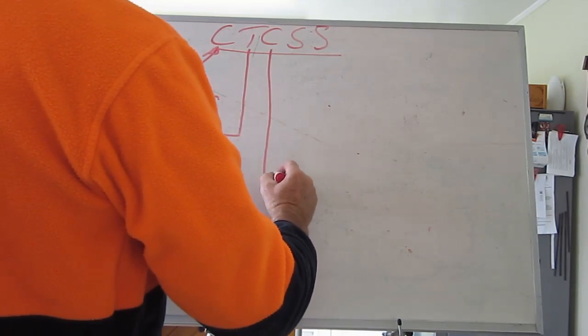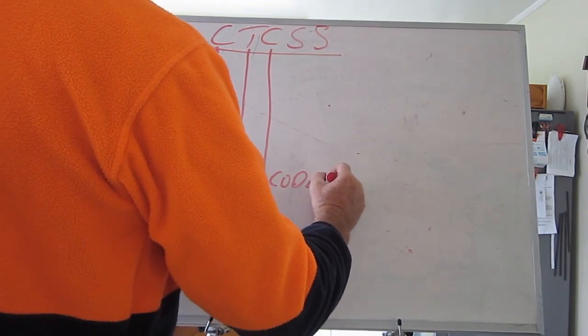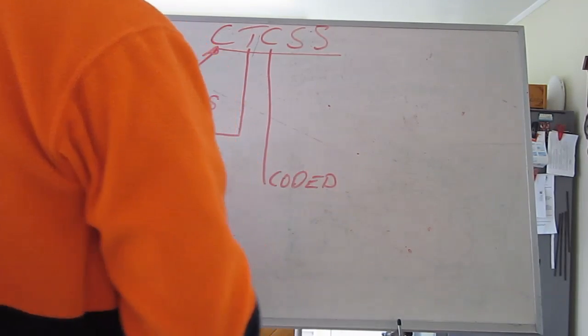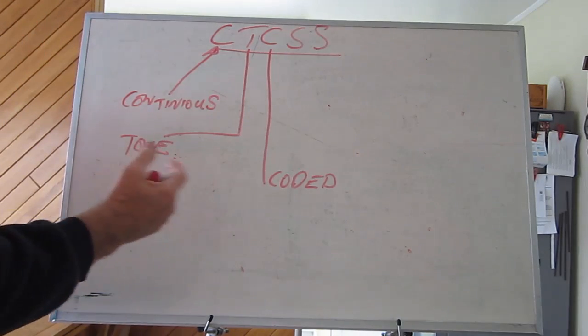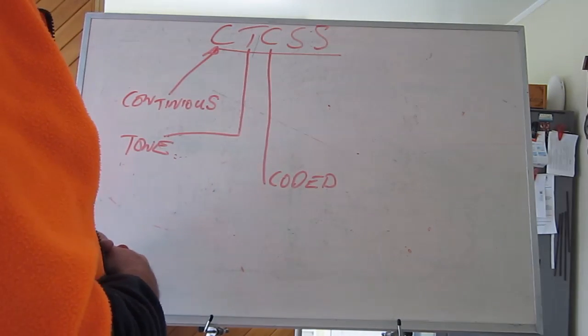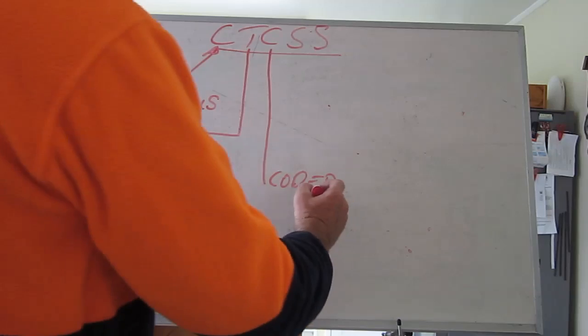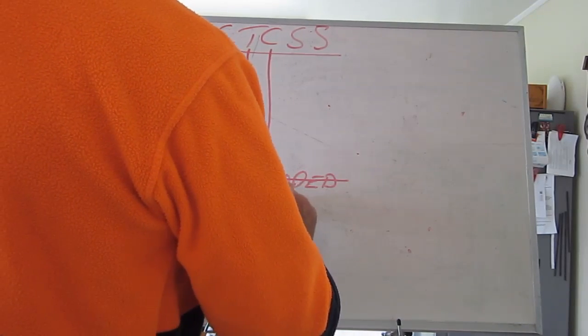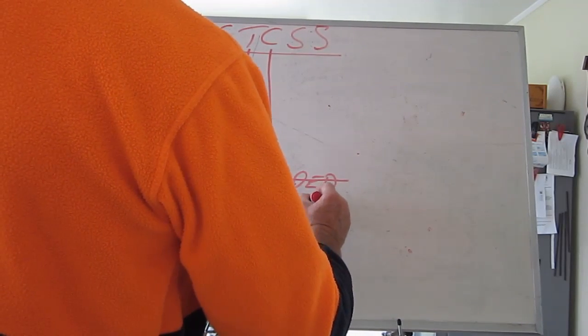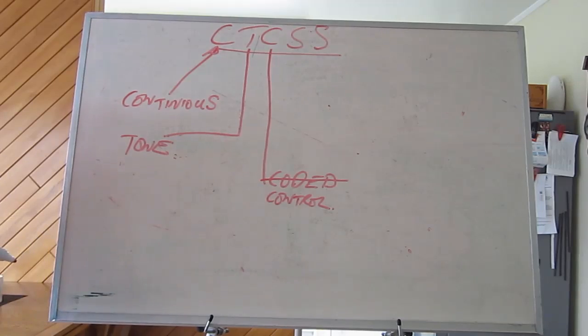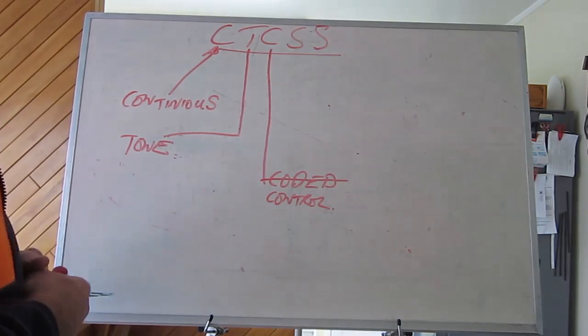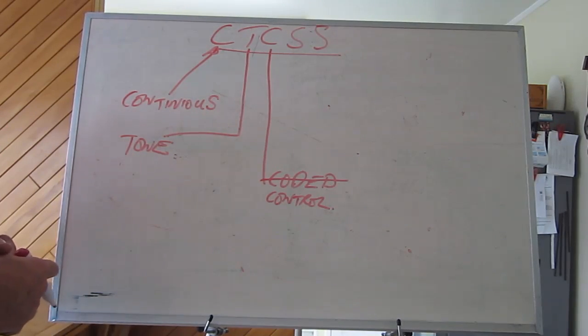C is coded. You could quite easily change the C from coded to control. Either word works, it doesn't change the meaning at all.